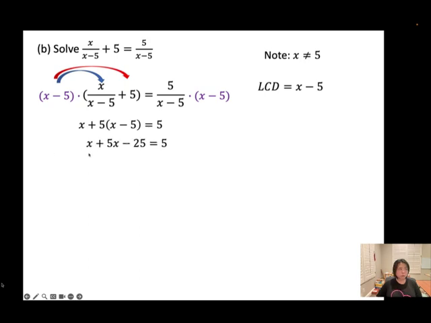Combine the like terms, so 6x. And then we're going to add 25 to both sides. Divide by 6, and you're going to get x equal to 5. Okay, remember at the beginning we said x cannot be equal to 5, right? Because when x equals 5 and we plug it in, we're going to get undefined.